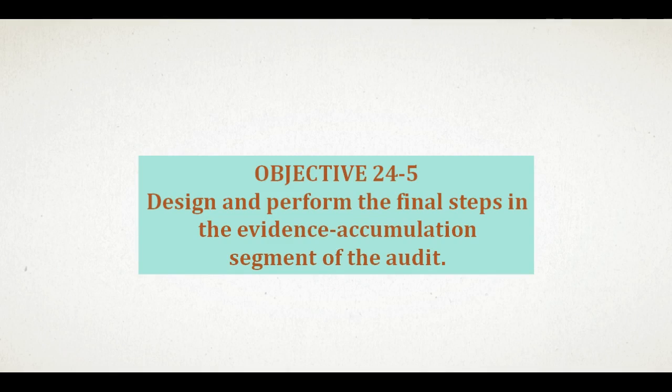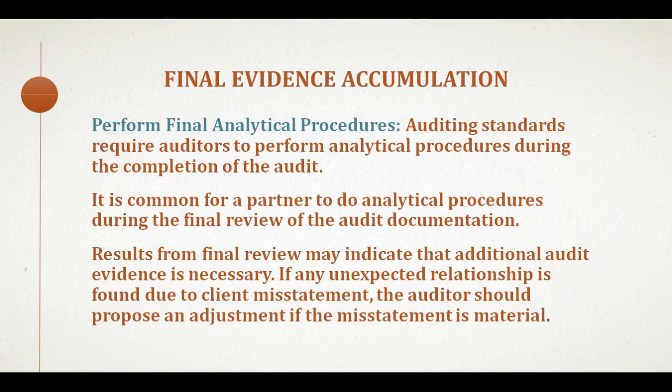Moving on, we will now discuss designing and performing the final steps in the evidence accumulation segment of the audit. Auditing standards require auditors to perform analytical procedures during the completion of the audit.